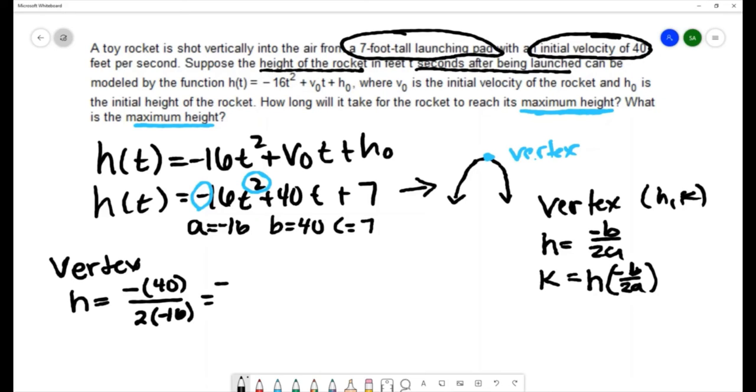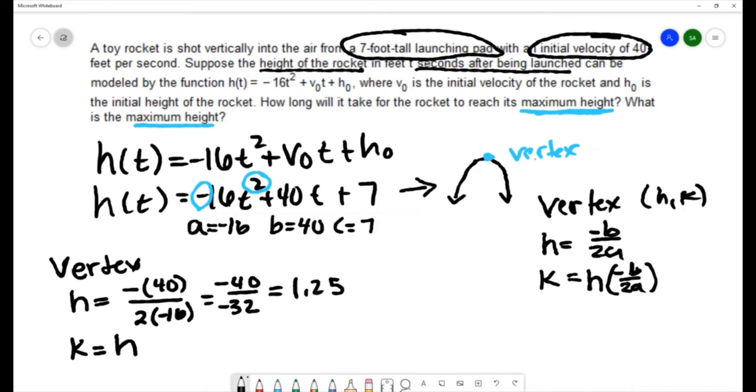That's negative 40 over negative 32, which is 1.25. Then we can find the y-coordinate of the vertex by substituting that 1.25 into the function.